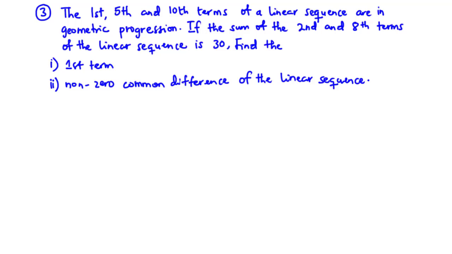So now let's move on to the third question for today. The first, the fifth, and the 10th terms of a linear sequence are in geometric progression. Now, if the sum of the second and the 8th terms of the linear sequence is 30, then we are going to find (i) the first term, and (ii) the non-zero common difference of the linear sequence.